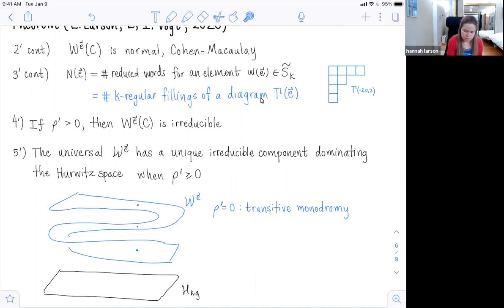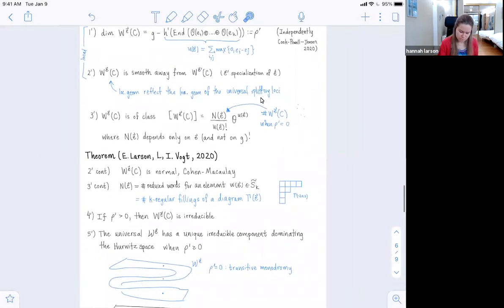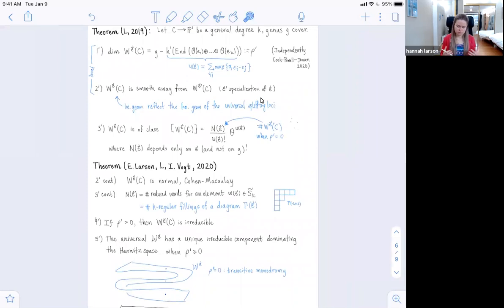So you should think of parts 4' and 5' as saying that really the splitting type is the only other discrete invariant in this problem. So this completes the global statements in analogs of the Brill-Noether theorem for splitting loci.